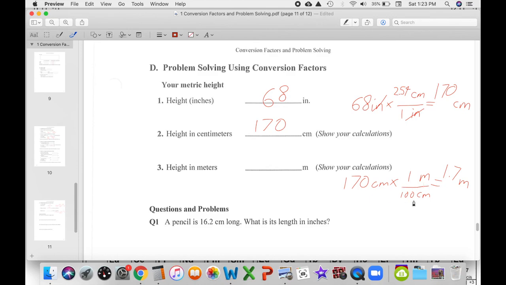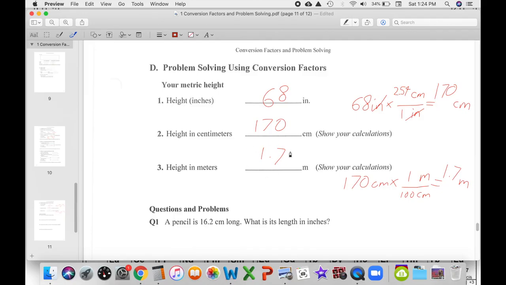So when someone writes 100 centimeters for every 1 meter, because it's defined as such, it has an infinite amount of precision. It's really 100.0000000 ad infinitum. So my point here is that the answer should be 1.7 meters, also to 2 significant figures, just like all of our other numbers.